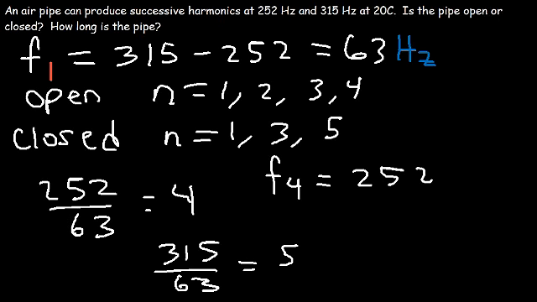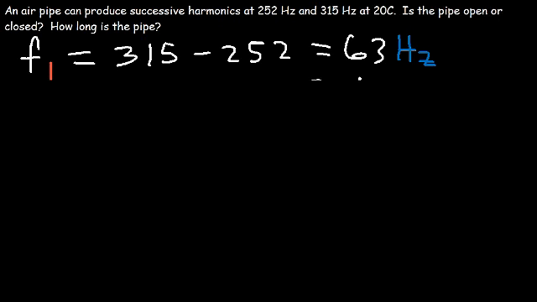So now that we know the pipe is open and not closed, how long is the pipe? Now we can choose which equation to use. We need to use this one, nv over 2L, since the pipe is open.